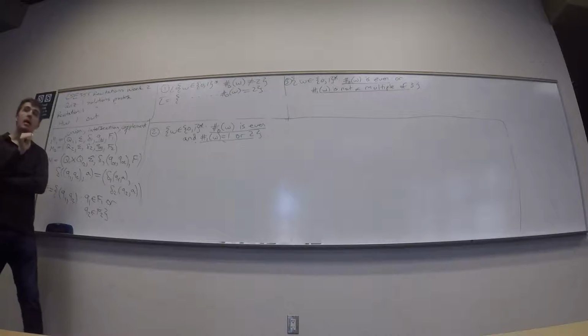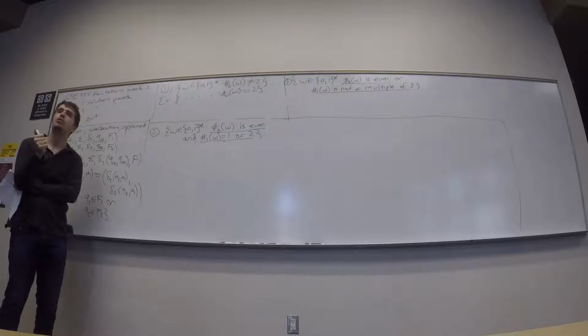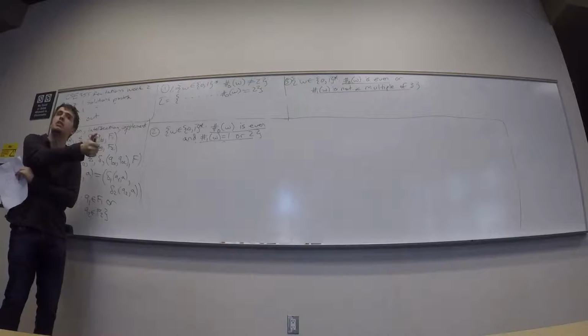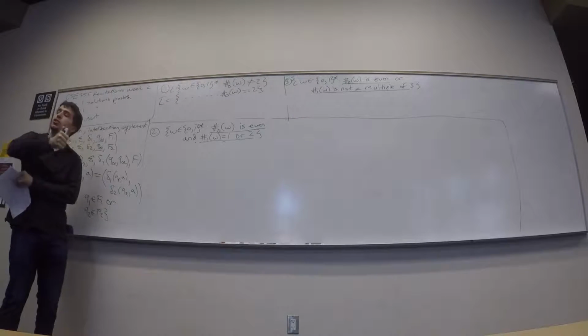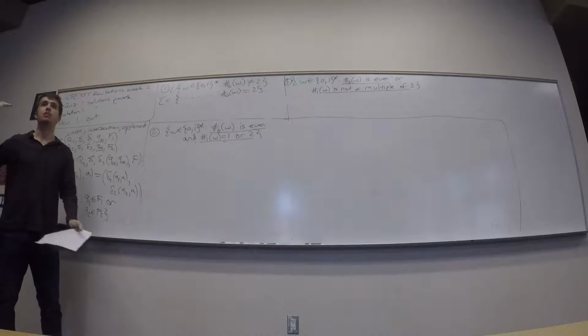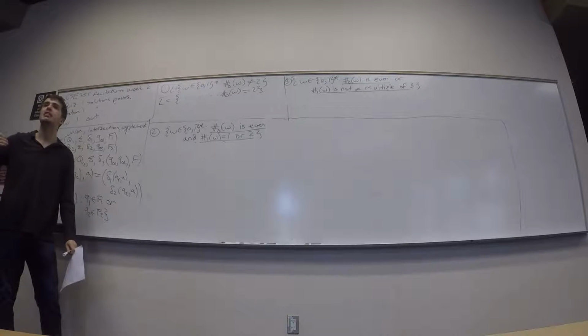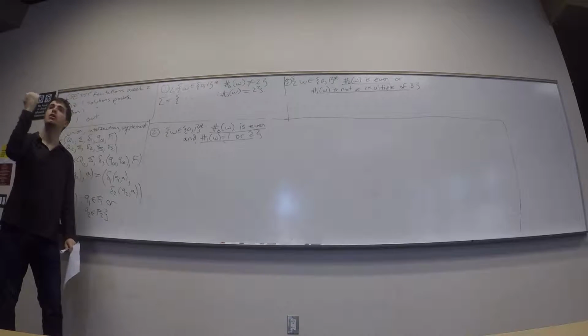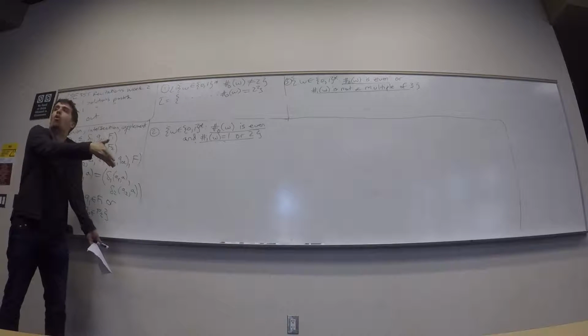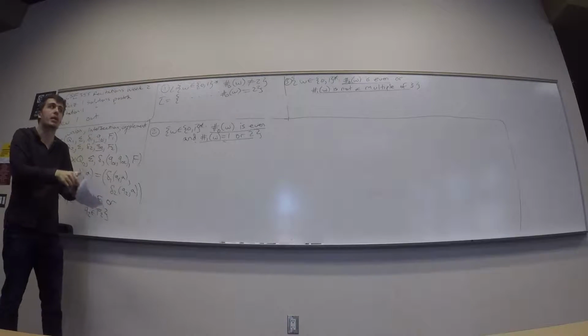Well, let's see. If I've seen 3 zeros, do I care what the rest of the string is? No, right? So I only need to really keep track of seeing exactly 0 zeros, 1 zero, 2 zeros, or 3 or more zeros, because after that I don't care.